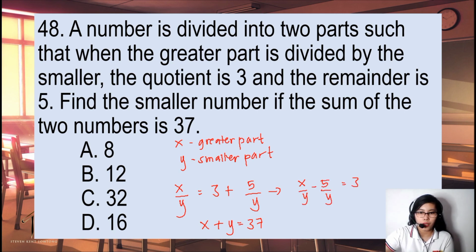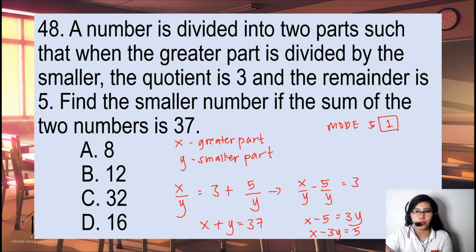Multiply both sides by y. We have x minus 5 is equal to 3y. So x minus 3y is equal to 5. Then use mode 5, 1. 2 equations, 2 unknowns. And we'll have the answer as 8.